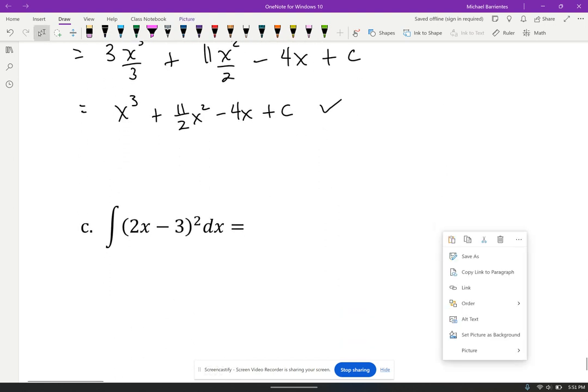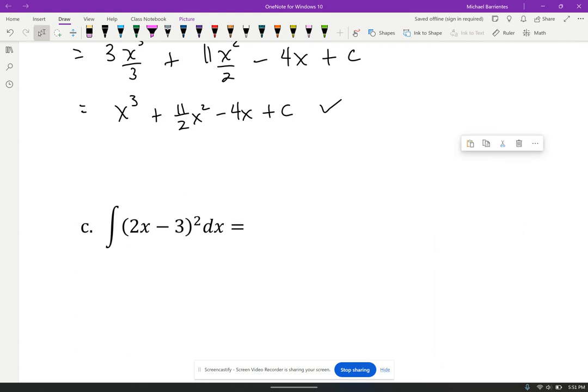So you would have to do something similar for letter C, right? Trying to figure out how to multiply this out. So I'm not going to finish letter C, but I'll certainly start it for you. If we're squaring this, remember that means we're multiplying 2x minus 3 times 2x minus 3.